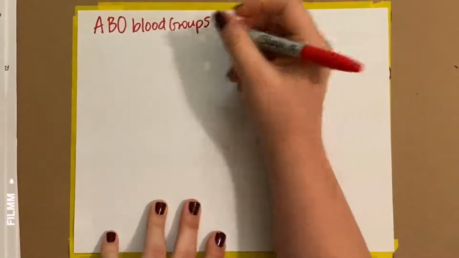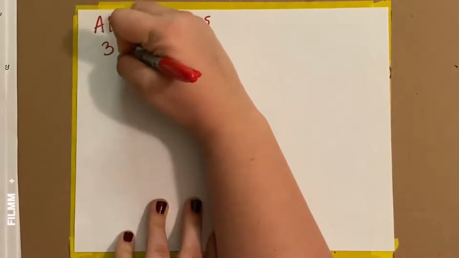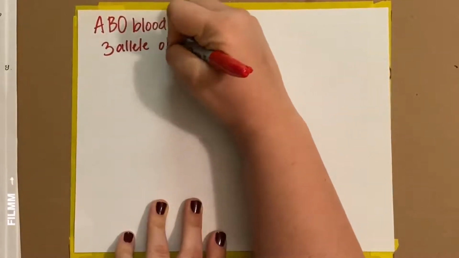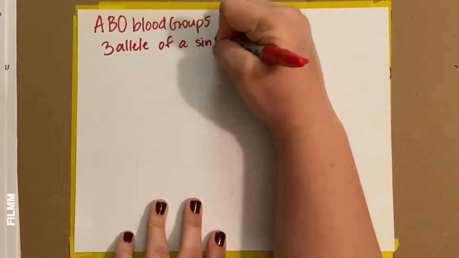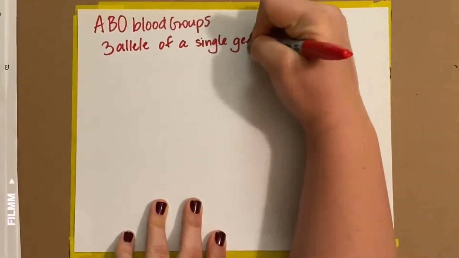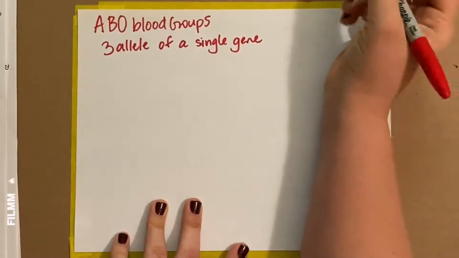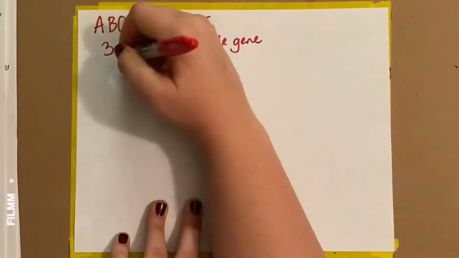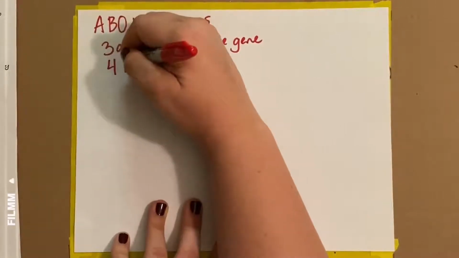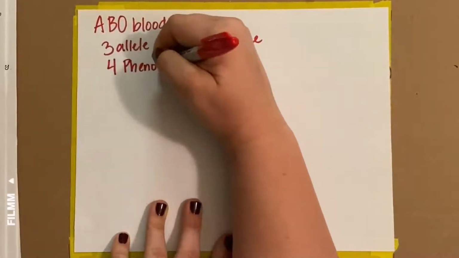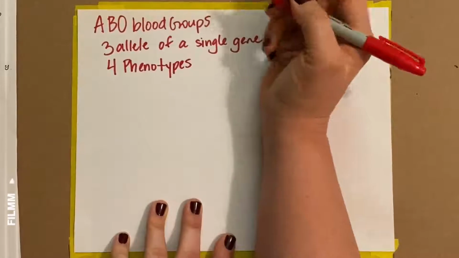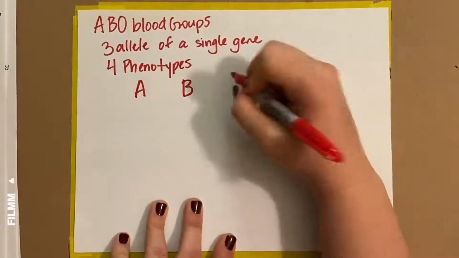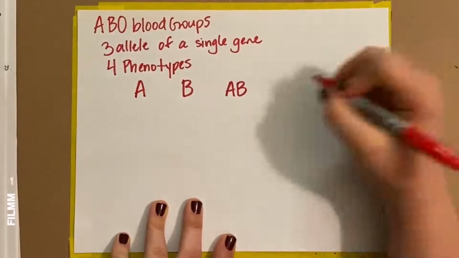It turns out there are 3 alleles instead of the normal 2 for a single gene, and these 3 alleles come together and produce 4 phenotypes. You can have A blood, B blood, AB blood, or O.